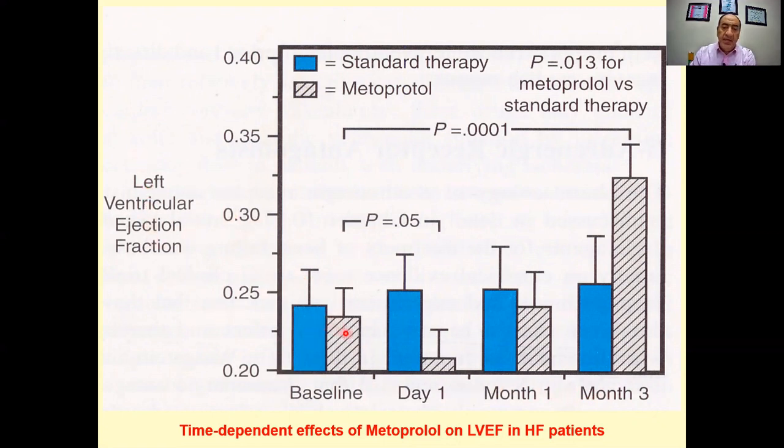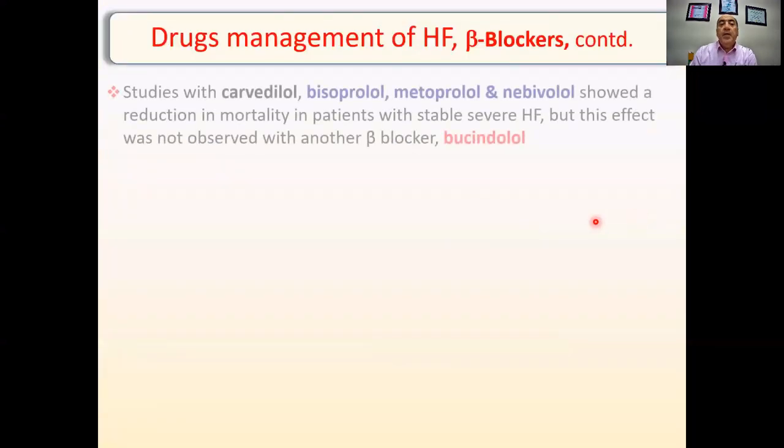As you see in the beginning, there was decompensation, a negative inotropic effect, a decrease in the left ventricular ejection fraction until maybe 1 month. But after a couple of months, there is a big improvement in the ejection fraction. Okay, so this was a stunning observation in 1975.